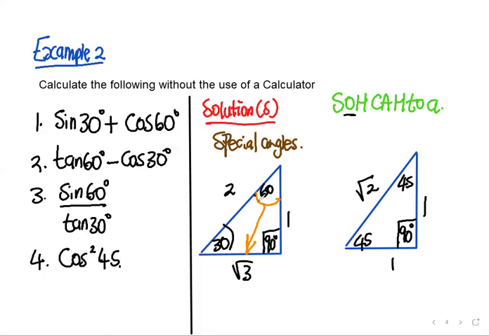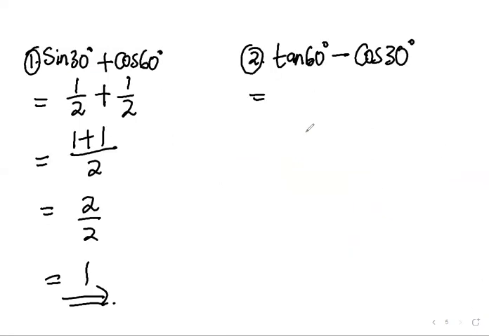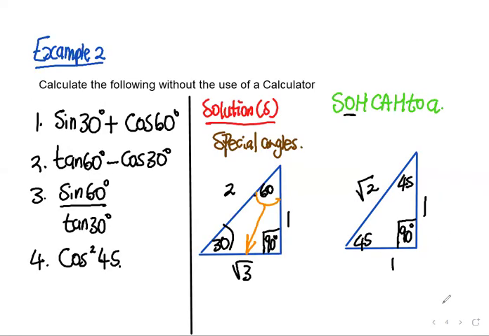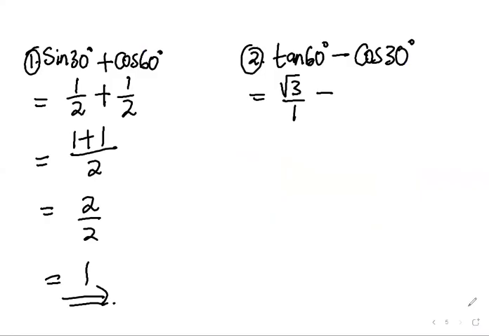So using 60 degrees, that will be opposite over adjacent, which is root 3 over 1. Minus, and then cos 30, you check 30 degrees. Cos is adjacent over hypotenuse, so cos 30 will be root 3 over 2.